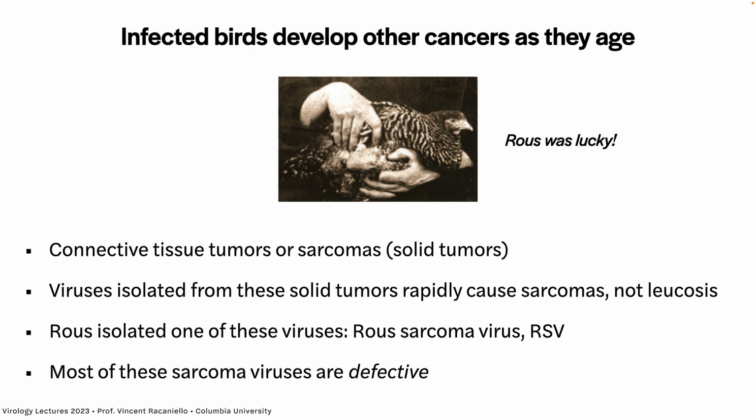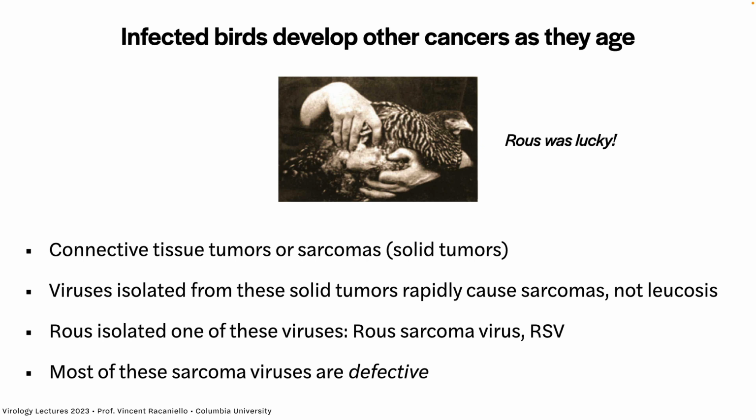As these birds age, they develop other cancers. They develop connective tissue tumors or sarcomas. These are solid tumors of connective tissue. So these infected birds, as they age, initially develop leukemias, and then the others develop solid tumors.